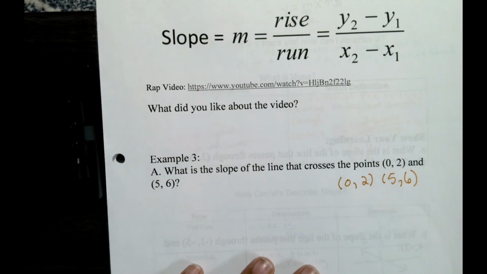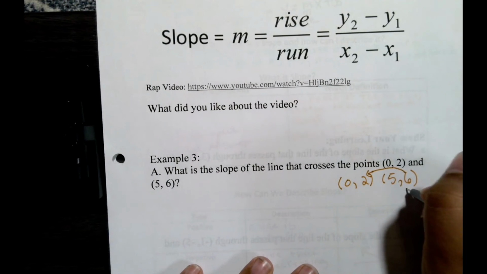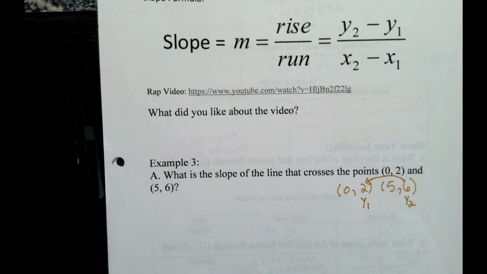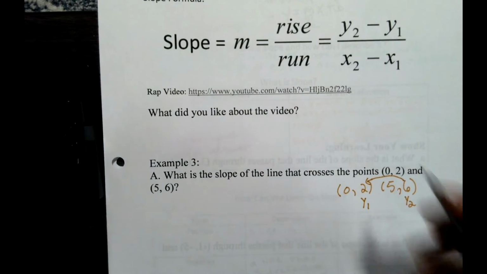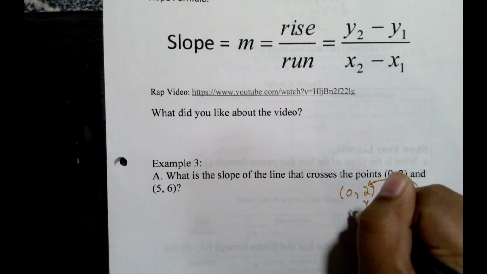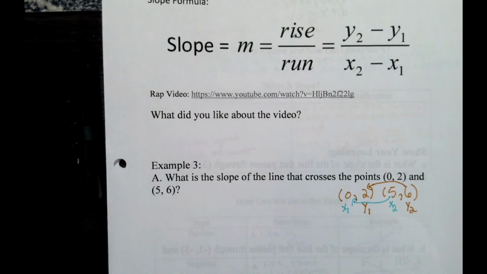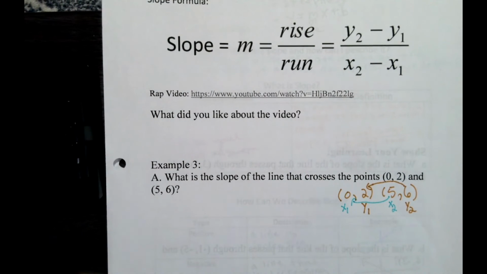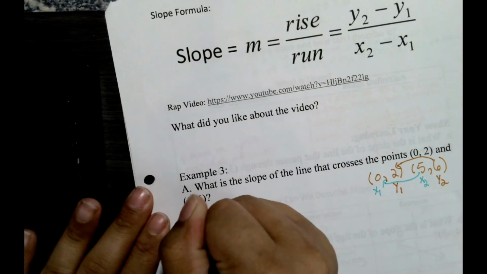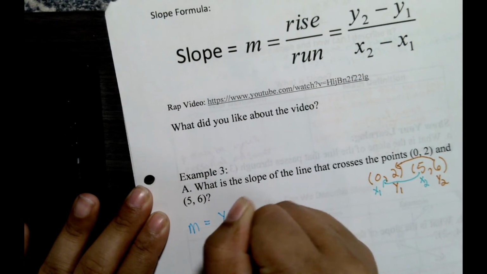Okay. So first things first, our beautiful formula, we rewrite it because we're still learning it. So m equals y2 minus y1 over x2 minus x1. Now we're going to plug in what we know. Well, we have 6 minus 2 over 5 minus 0.